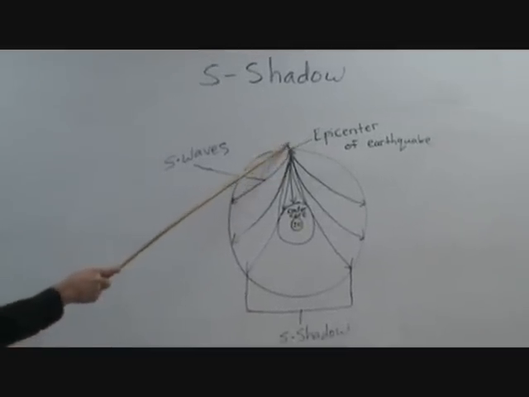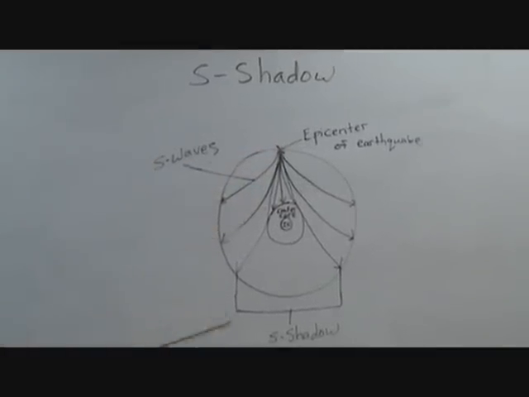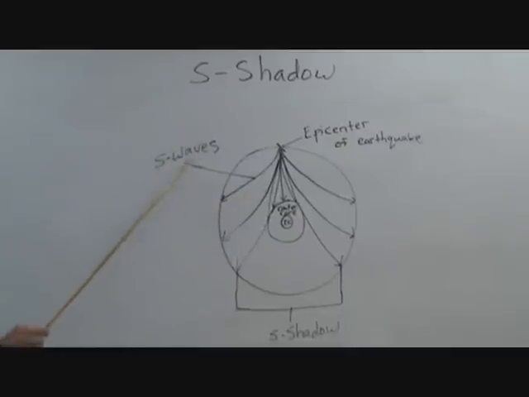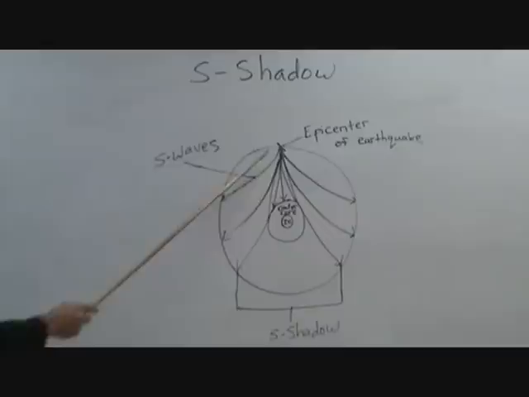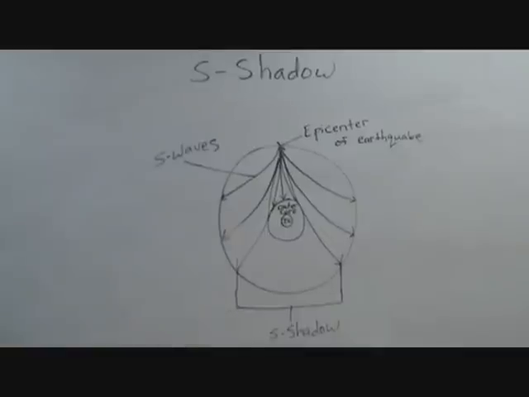When there's an earthquake, seismic waves travel through the Earth. Now, what I have drawn here are secondary waves, the S waves. And S waves, because they travel side to side as they move forward, they cannot travel through liquids. They can travel through solids only.